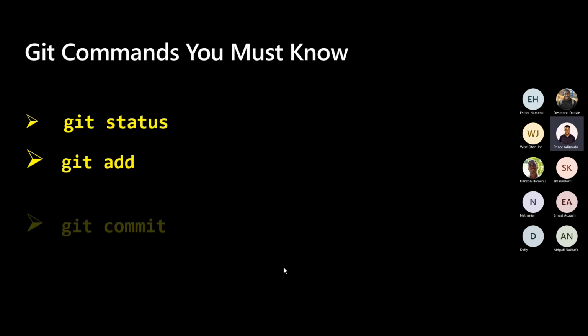So let us go into the main commands. I'll be explaining status later once I get into my command line. What is Git? I've explained before. You stage your files, and they get into the staged local copy.